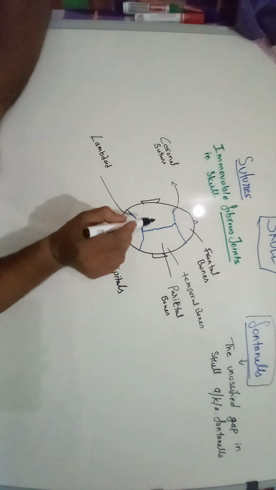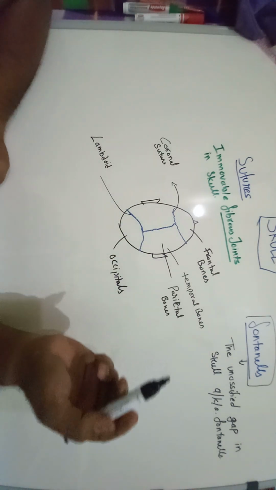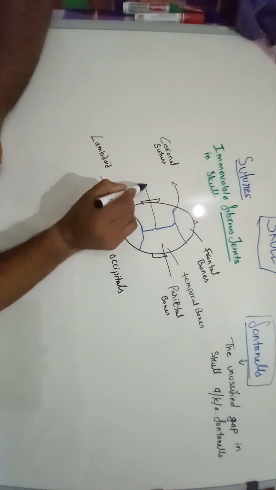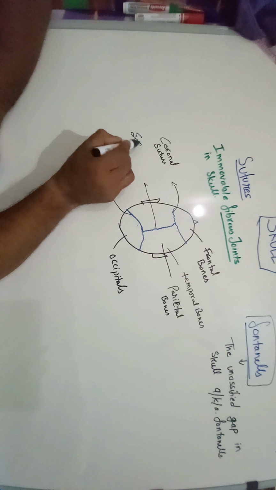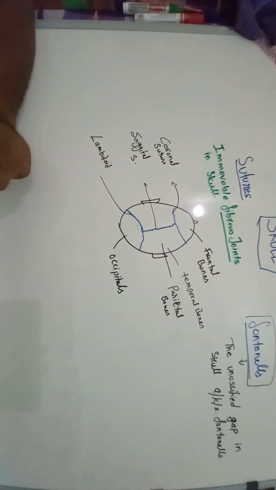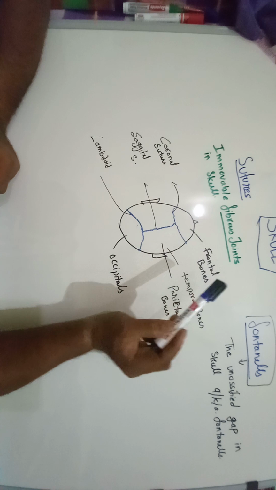This is coronal, and this is the lambdoid suture. And this one, some books and some teachers call the vertex suture, but this is the sagittal suture. The first one, between the frontal bone and parietals, is the coronal suture.